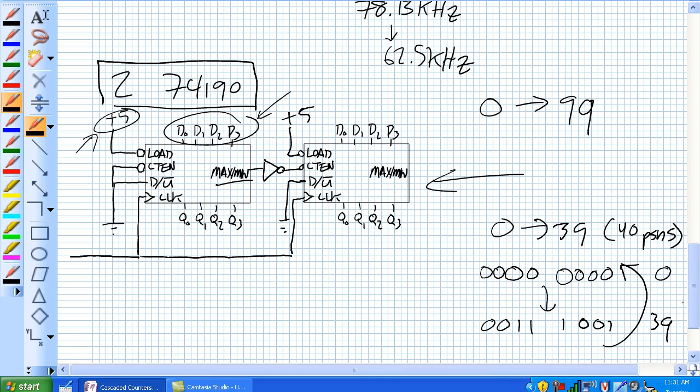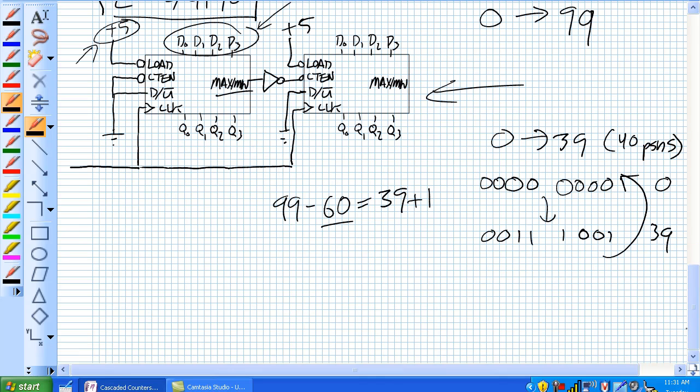That's our ideal situation. But what if we just started at 60 and counted to 99? It's still 40 positions, right? You say, wait a second, 99 minus 60 equals 39. Well, remember, plus 1, because you're including 60.